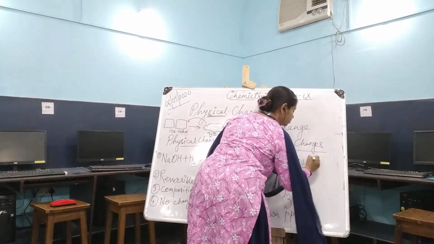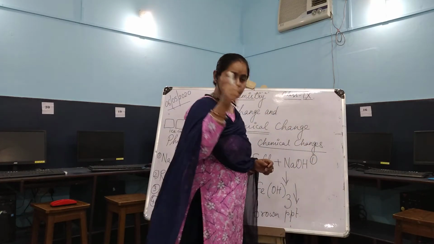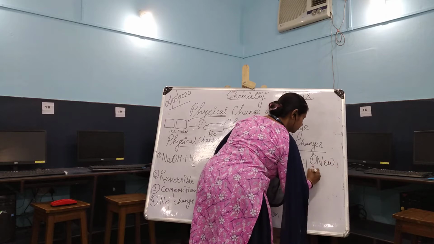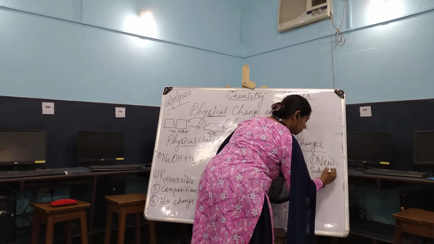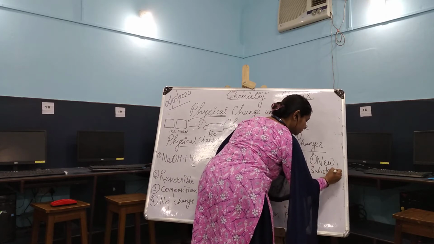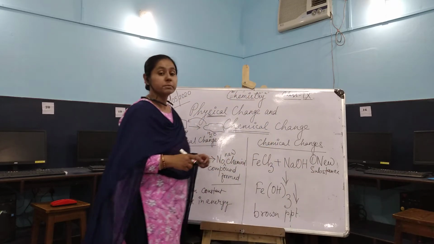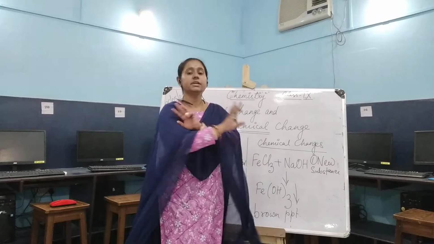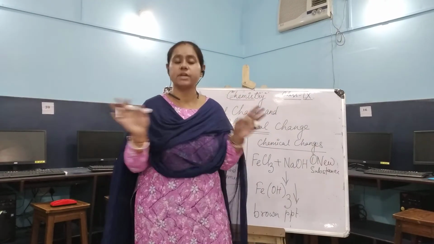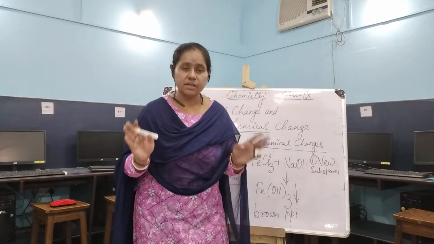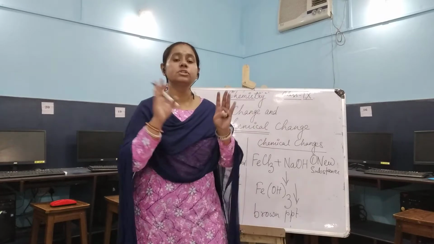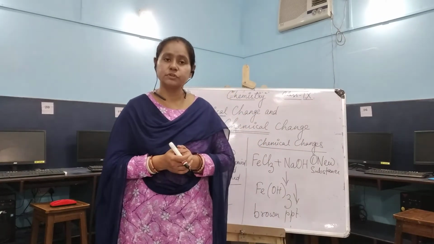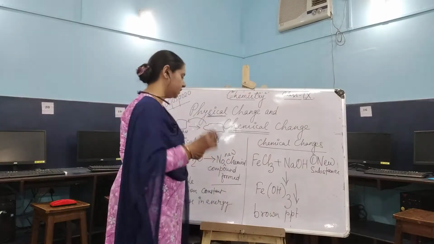So for a chemical change, the very first point is that a new substance is being formed. Now, the next point: this reaction is not a reversible reaction at all. Why is it not reversible? Look very carefully.